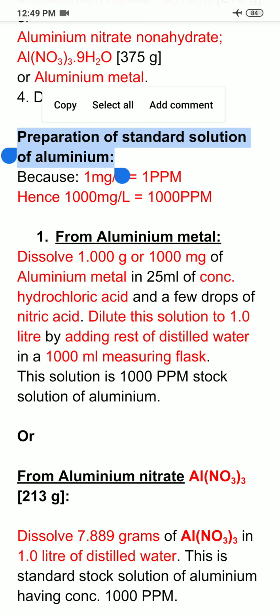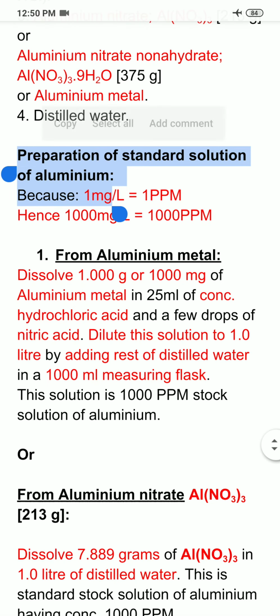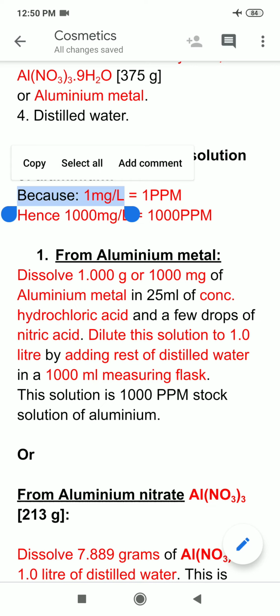Now we can write ppm in different ways, and one of the simplest ways is 1 milligram per liter. Suppose I dissolve 1 milligram of a compound in 1 liter of water, and now you are familiar with 1 liter. 1 liter is equal to 1000 ml, and 1 gram is equal to 1000 milligram.